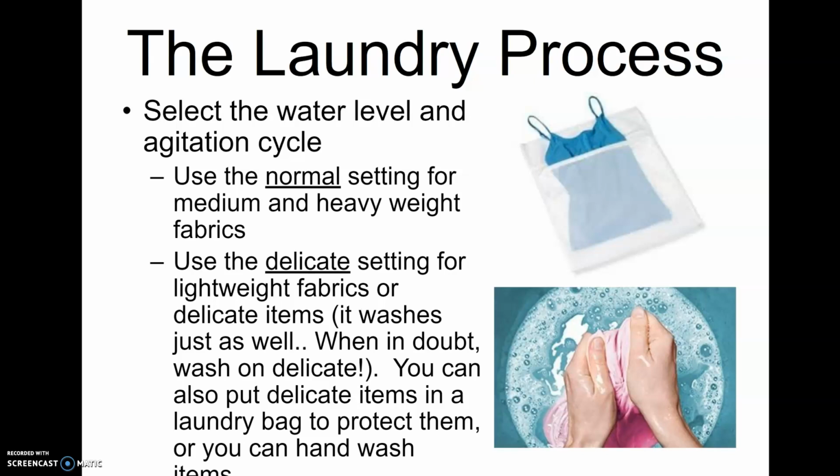It washes just as well as the normal, so when in doubt, use the delicate setting. You can also put delicate items in laundry bags, there's a picture right here. Things that have hooks or large zippers, it's always a good idea to put in a laundry bag so those hooks don't snag on other things.